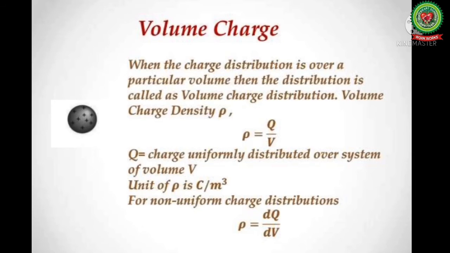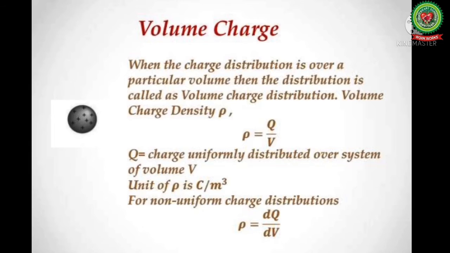Now let's start with the third type of distribution known as volume charge distribution. Children, when the charges are distributed over a particular volume, then such kind of distribution of charge is said to be volume charge distribution. It is denoted with letter rho.